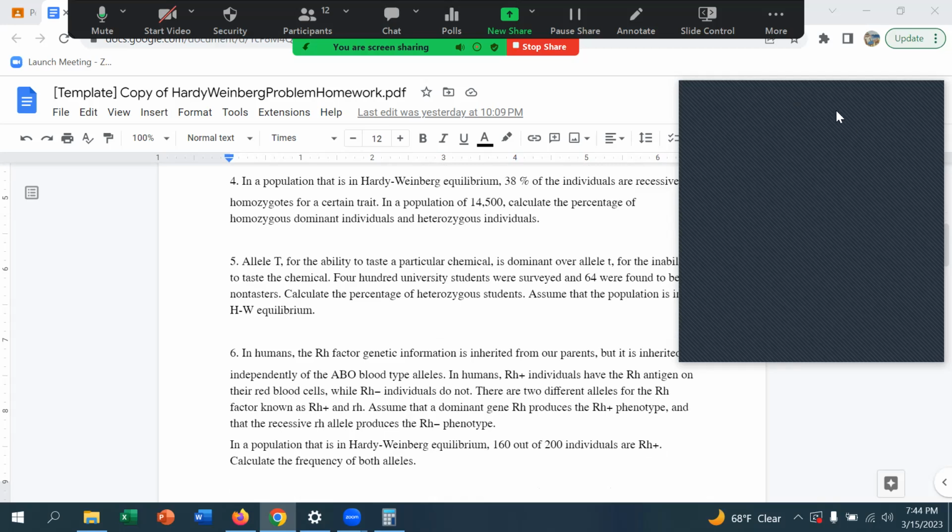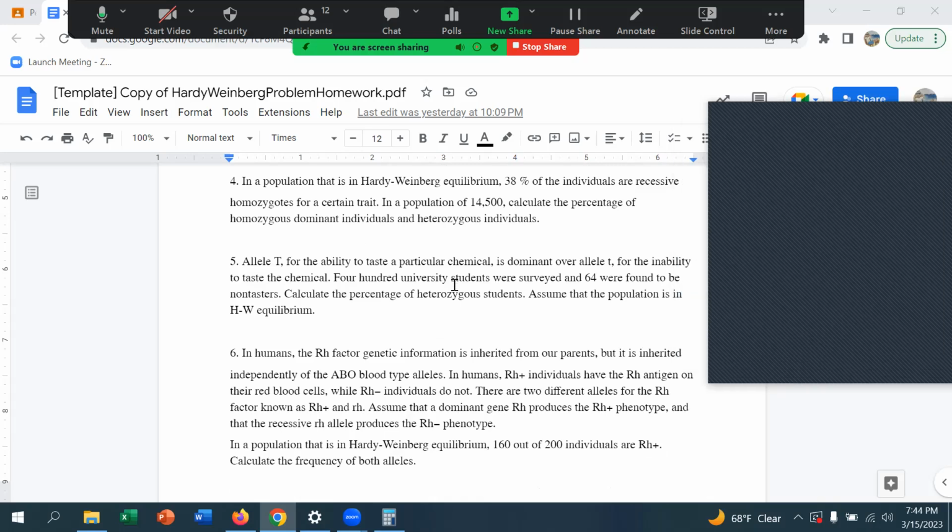The allele T for the ability to taste a particular chemical is dominant over the allele small t, the inability to taste. 400 university students were surveyed, 64 were found to be non-tasters. This is a tough problem. 400 minus 64, that's our first thing, right? No, actually, 64 out of 400 are our Q squared.